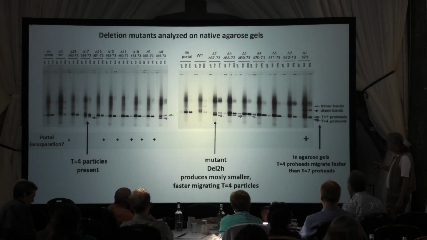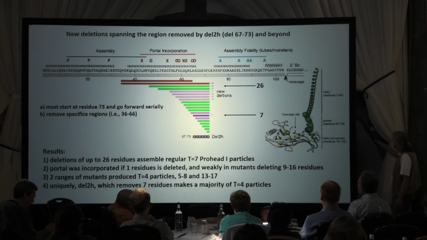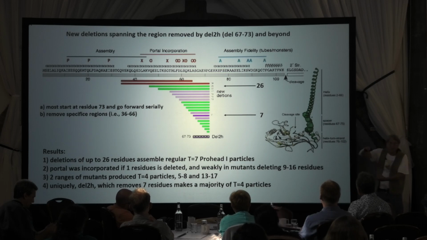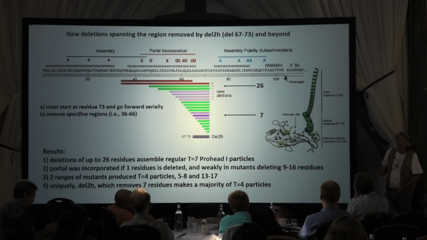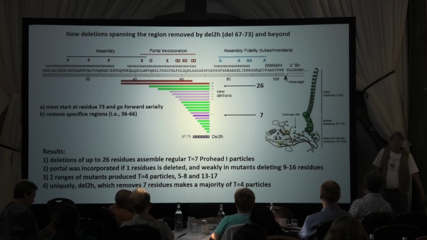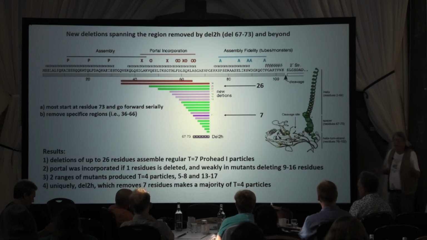And my guess is that what we're doing when we make these mutations is we're shifting the towers down by shortening the base. And so at some point, up in the higher regions of the tower, there may be pseudo portal binding sites that are being utilized in some of these other mutants.